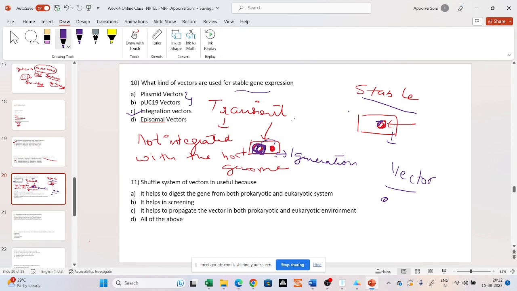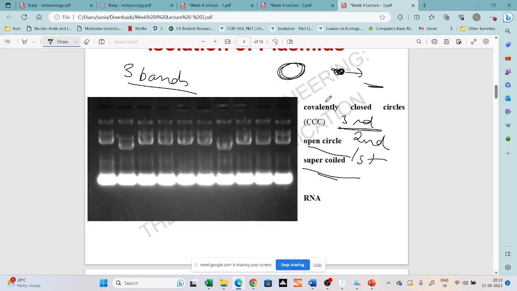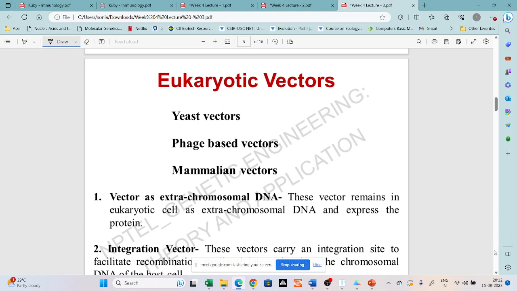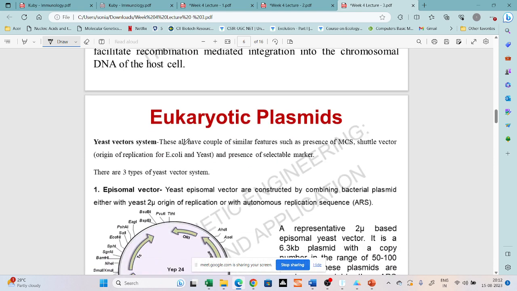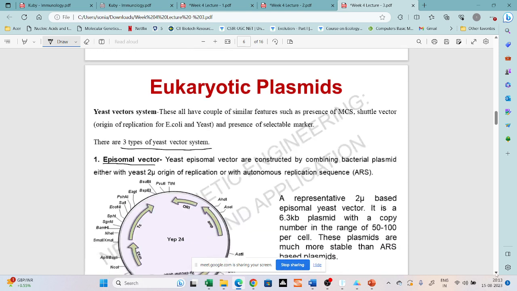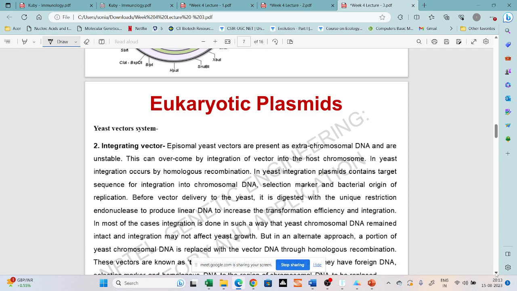Yeast vectors, if you have studied, exist in two forms, episomal vectors and integrating vectors. There are three types of yeast vector system. The first one is the episomal vector. Basically the episomal vector will not integrate with the host genome. It will be present extra. Whereas integrating vectors, what is there?